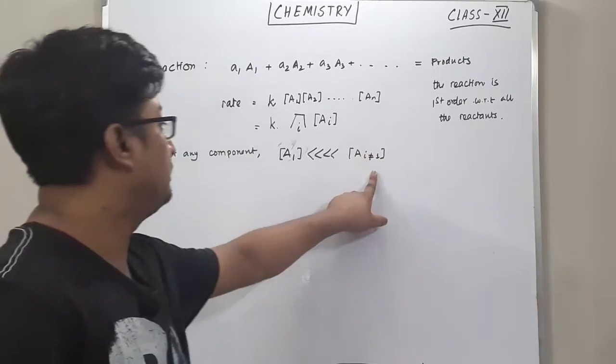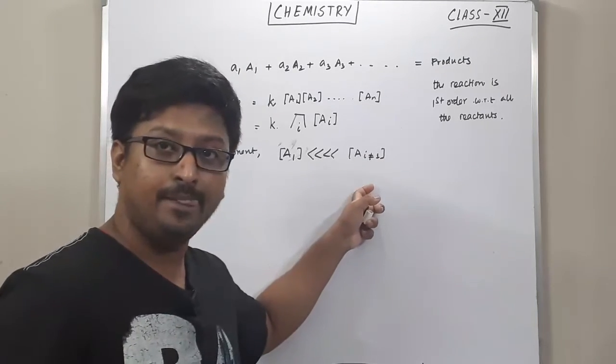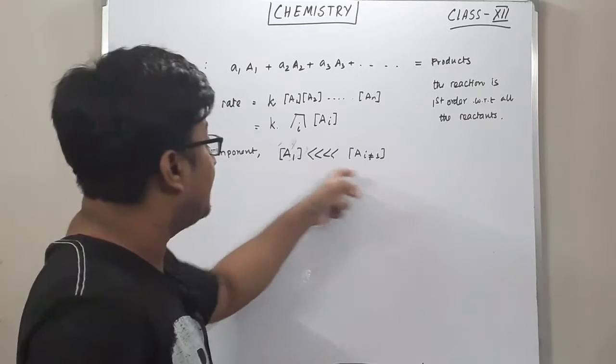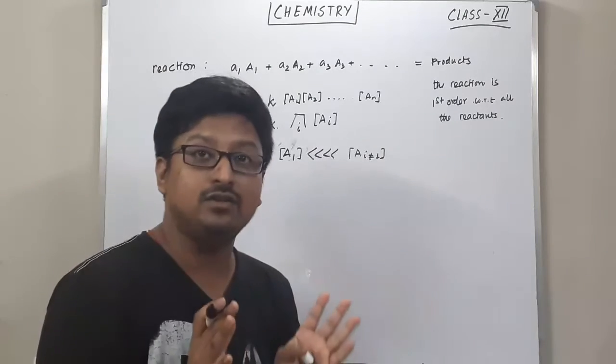That means any component other than A1 has a very high concentration compared to A1.